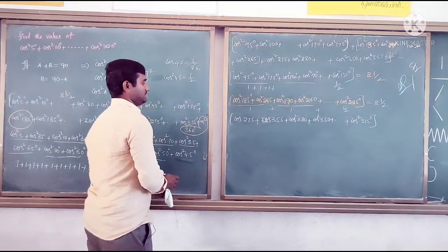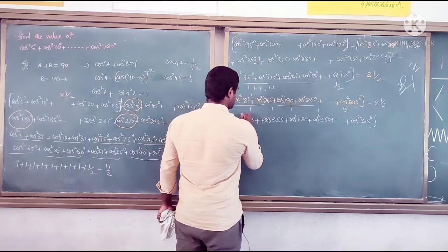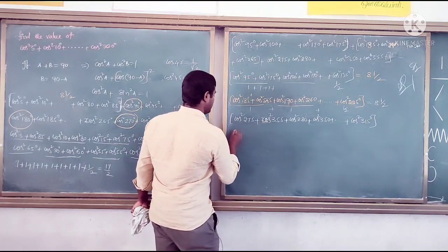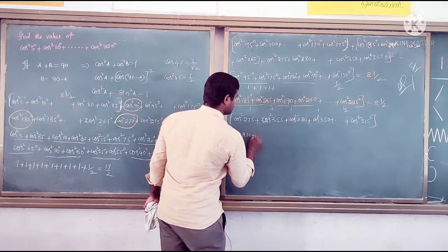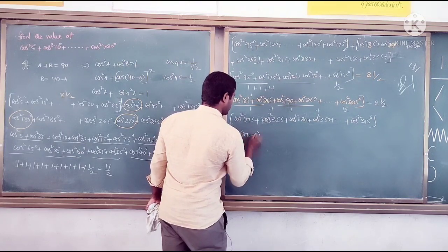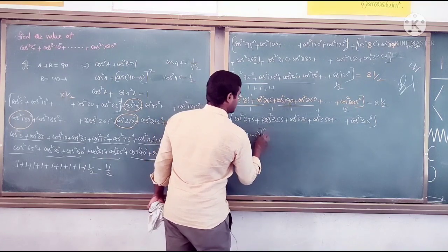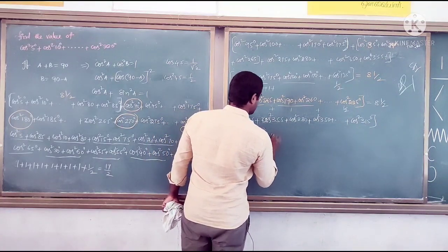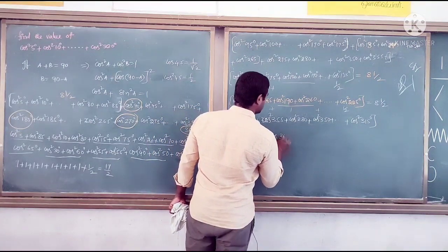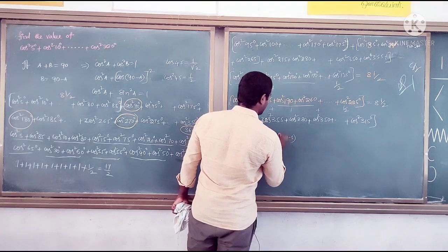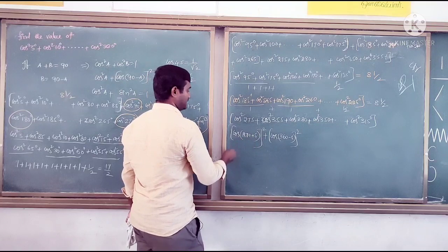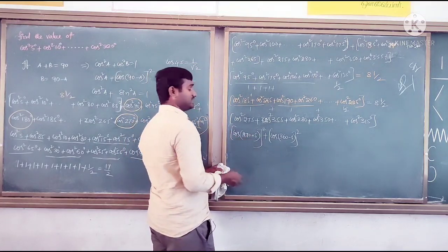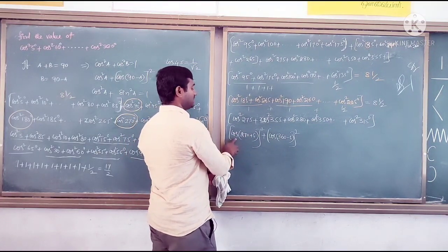Okay, let us see. Cos square 275, I am writing as cos(270 + 5) whole square, and cos square 355 I am writing as cos(360 − 5) whole square. Let us see how much value we will get. Cos(270 + θ), fourth quadrant. In the fourth quadrant cos is positive.